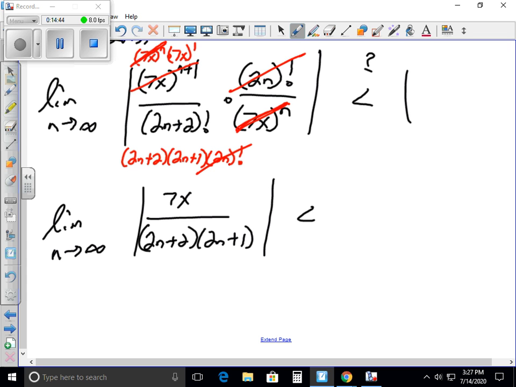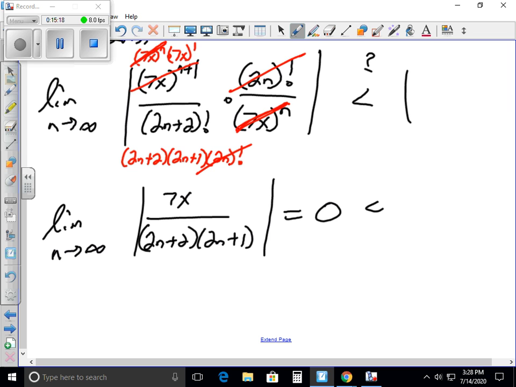So we want to find out, for what x's is that less than 1? Well, look what happens. If we let n go to infinity, the denominator goes to infinity. So no matter how big x is, if the numerator is a constant and the denominator goes to infinity, then that limit is 0.